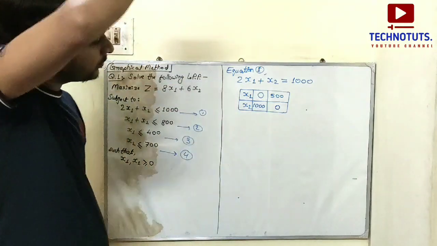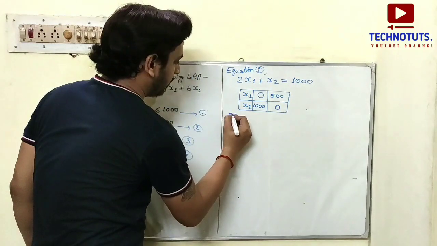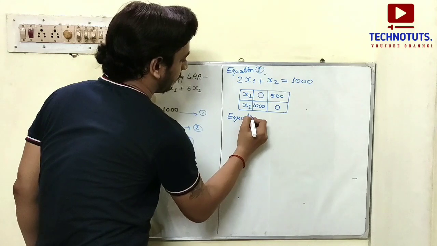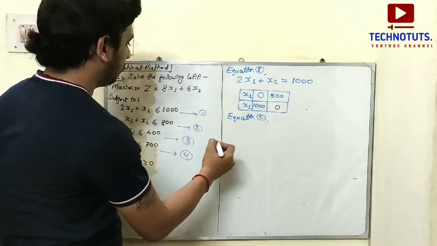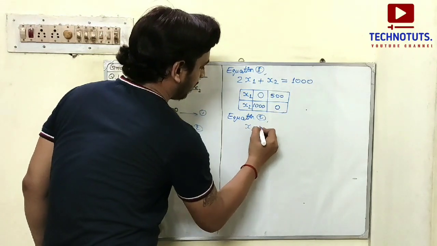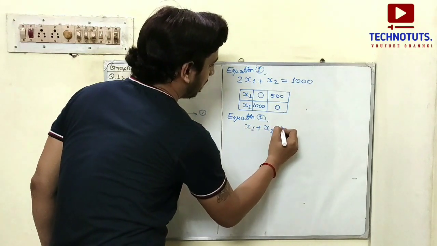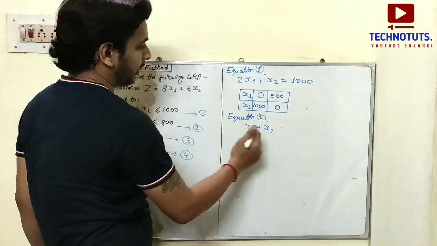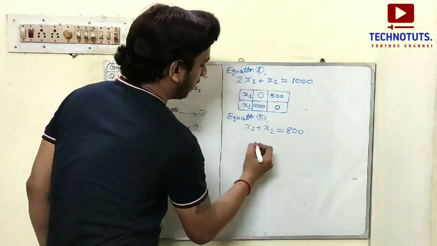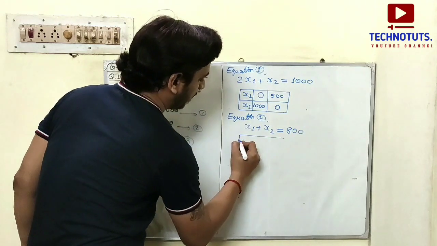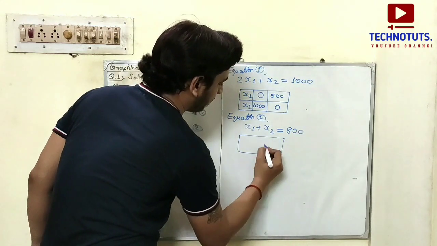Now let us take equation number 2. What is equation number 2? x1 + x2 ≤ 800. We can convert this to x1 + x2 = 800. Let us find the coordinates of x1 and x2.